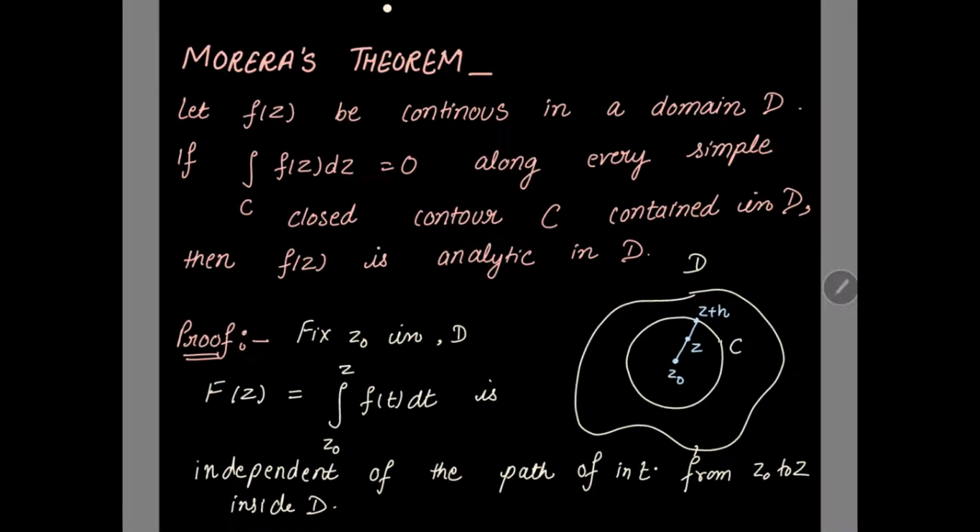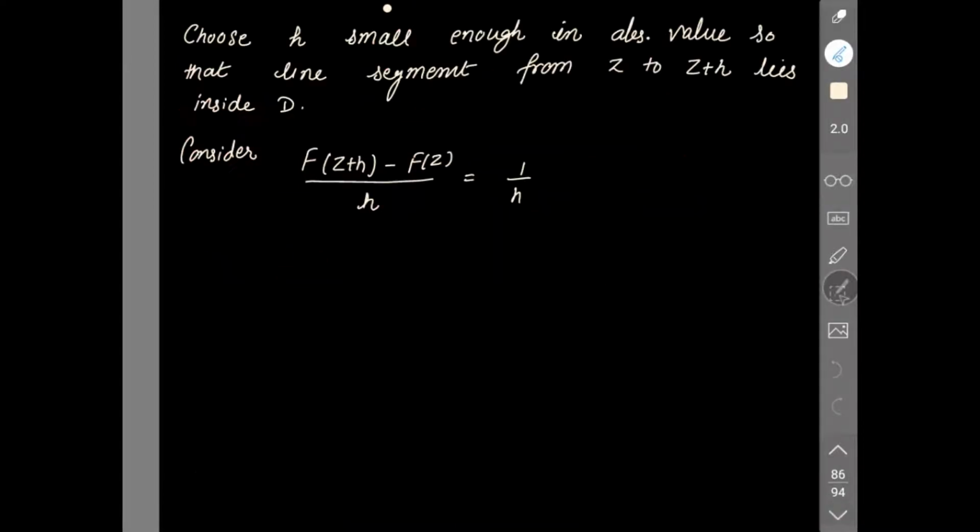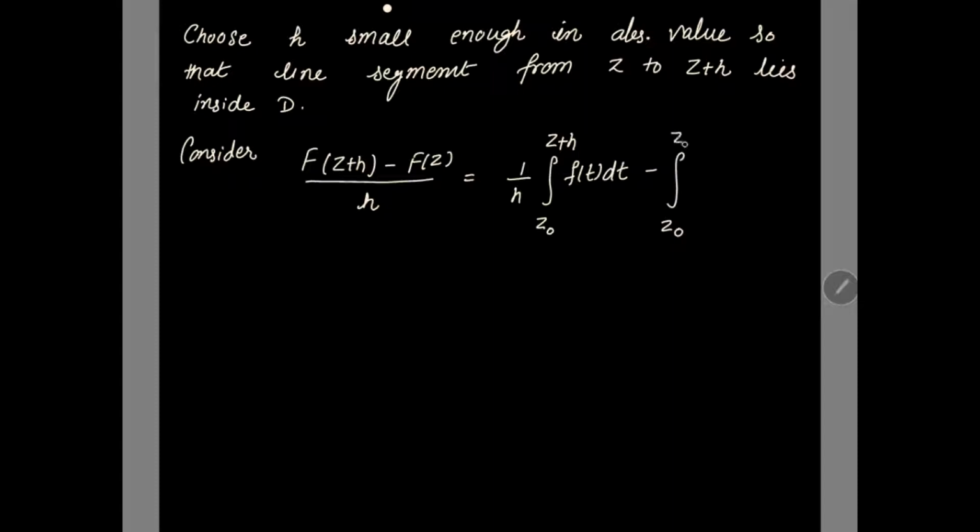What is the terminal point? The point on which this f depends, right? And the initial point should be z0. So if here it is z, then the terminal point is z. Similarly in this case, if here it is z plus h, then the initial point is z0 obviously and the terminal point should be z plus h for the first function. So this is the integral of f(t) dt minus the integration from z0 to z of f(t) dt, right?